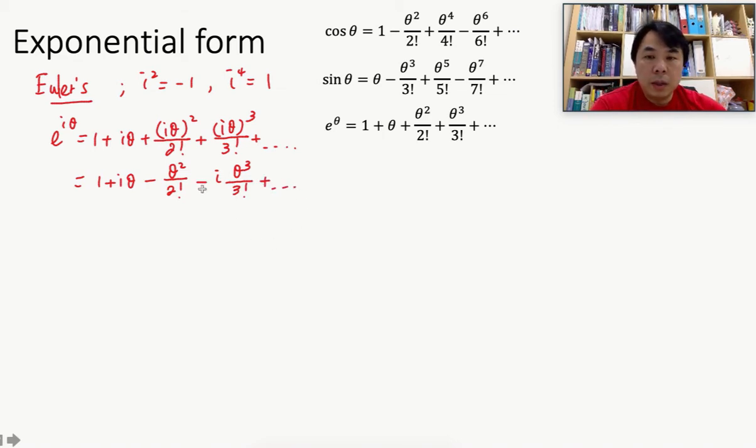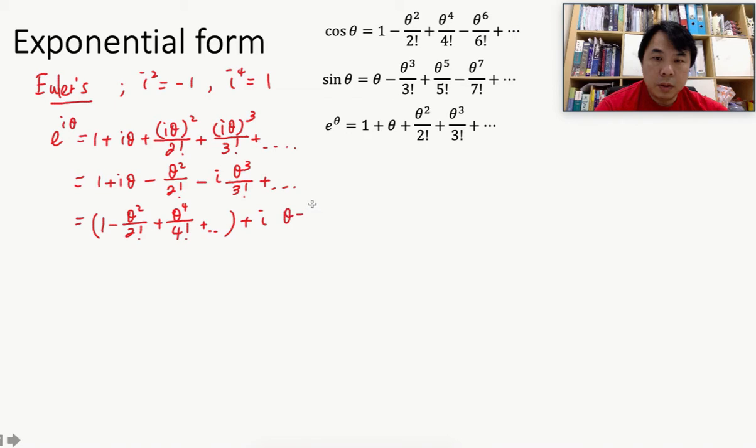And then by grouping all the real components and the imaginary components, we will be able to obtain this. I'll include 3 terms here just for comparison, and then I'm going to group those imaginary components together. That will be this.